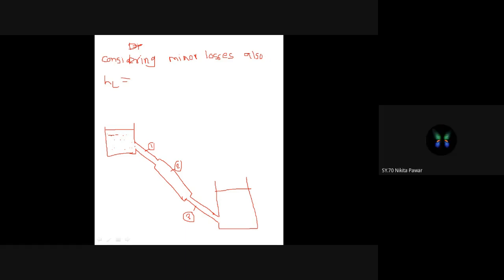Head loss due to entrance. Very good. And what is the formula for that? Velocity in this pipe is V1, in this pipe V2, and in this pipe V3. So who will tell the head loss at the entrance of the pipe?